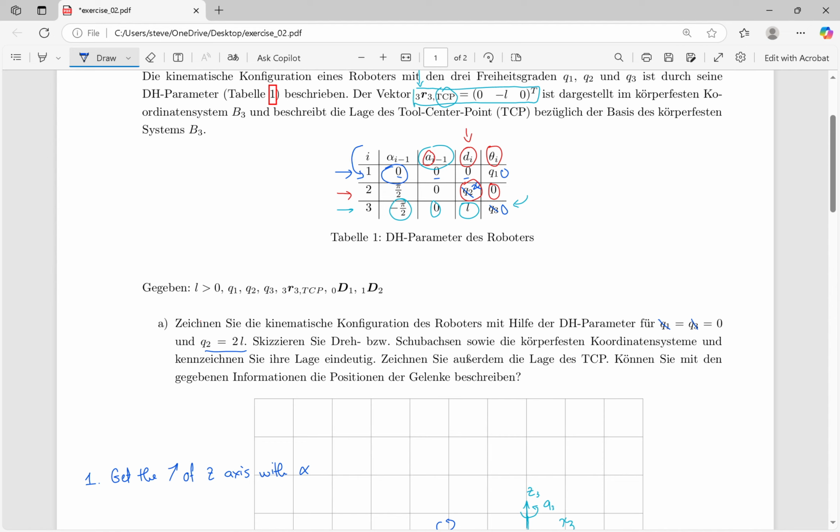So from rotating from the previous one to the current one around the previous x-axis. So the DH parameter always tells us, when we know our current position, how to get to the next joint. So it's always relative to the previous joint. When it rotates, it rotates relative to the previous joint. When it translates, it also translates relative to the previous joint.